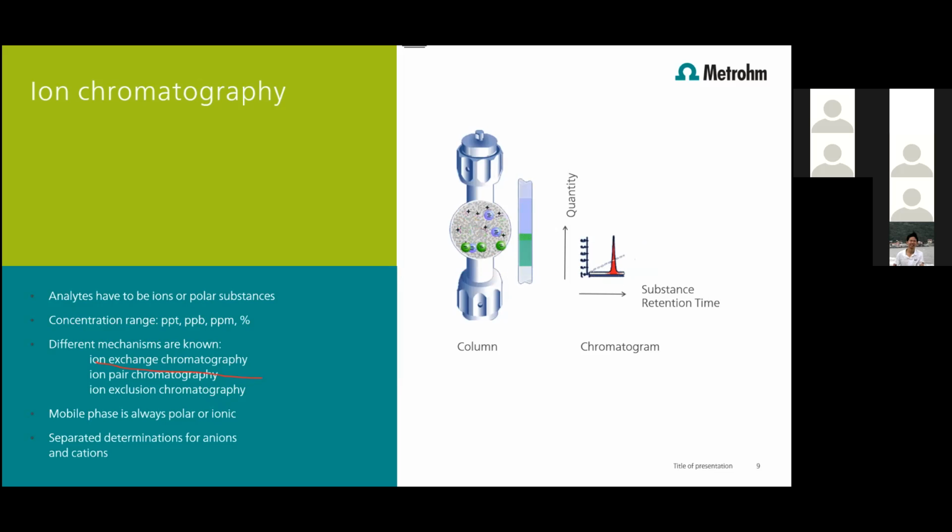Yeah. There are many kinds of mechanisms, such as ion exchange chromatography, ion pair chromatography, ion exclusion chromatography, and we have to use a mobile phase with polar and ionized compounds.